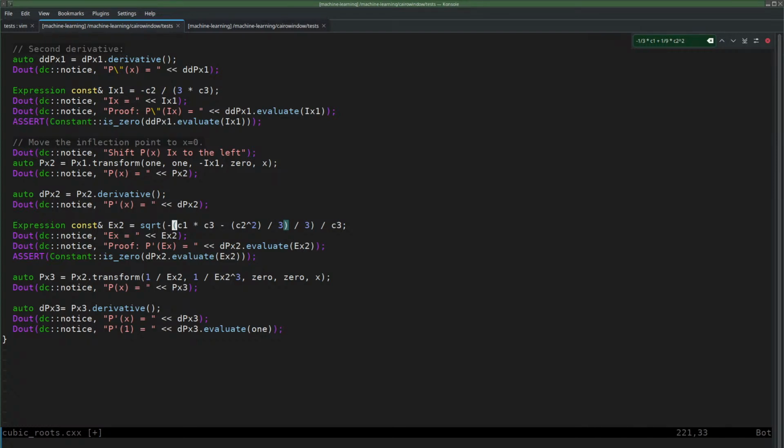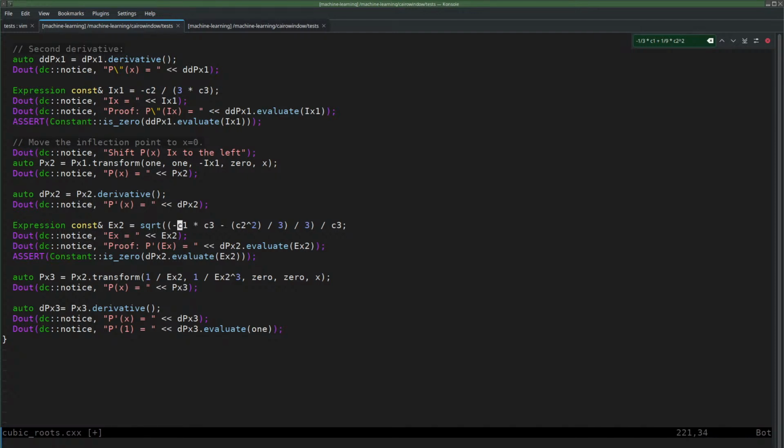So I don't like the minus sign much. So let's do C2 squared minus that. There's a minus 3 here. Go back, go back. Nope, remove the minus here.